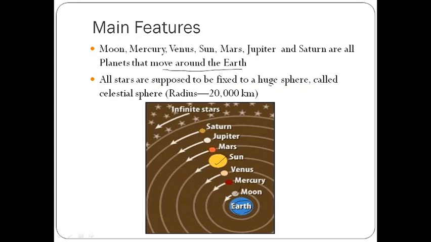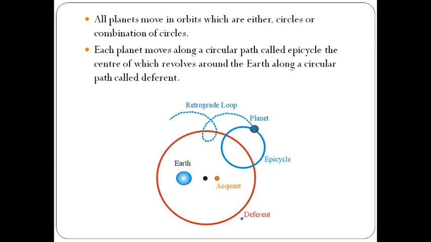So the infinite stars are placed at the end of these planets. And all stars are supposed to be fixed on a huge sphere called the celestial sphere. And the radius of the celestial sphere was supposed to be around 20,000 kilometers, which is very large compared to the radius of the earth. So these are the basic concepts that he proposed.